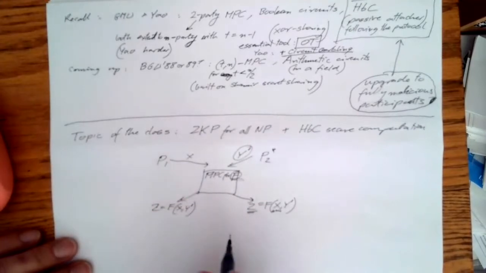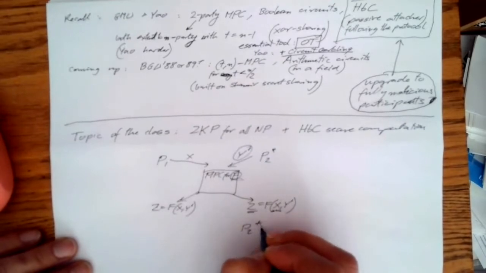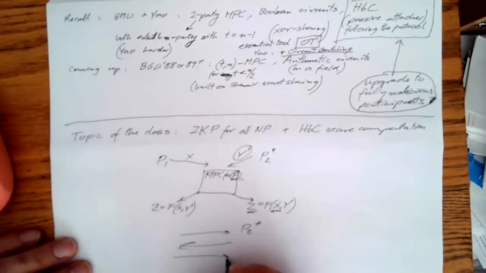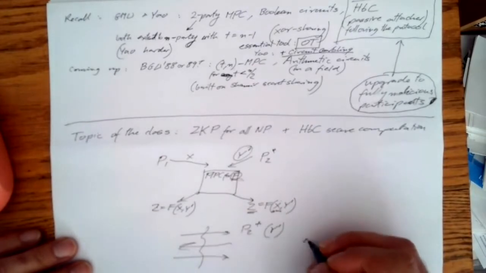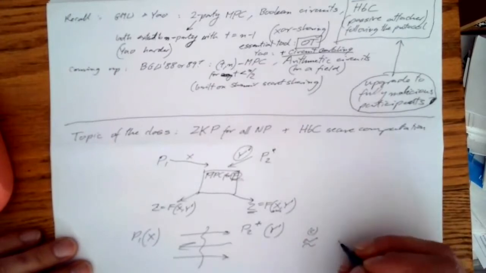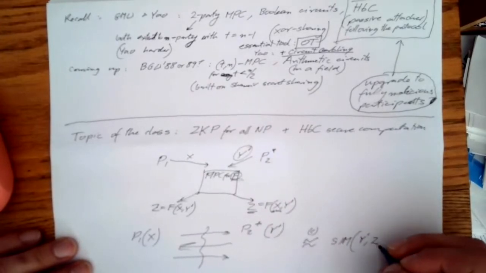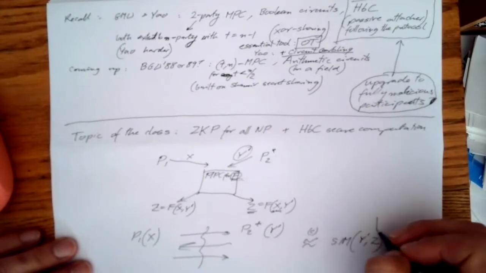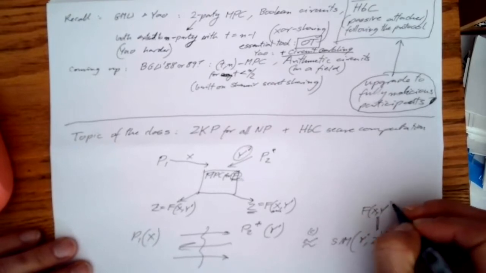MPC secure computation allows me to do so, because whatever I do in the protocol, the view of the MPC protocol that P2 has on his input Y prime is simulatable, indistinguishable from a view that a simulator produces who has his input and the Z, which is equal to F of X, Y prime.